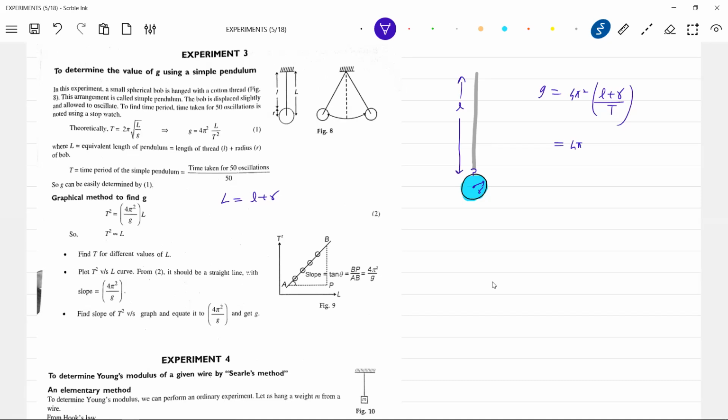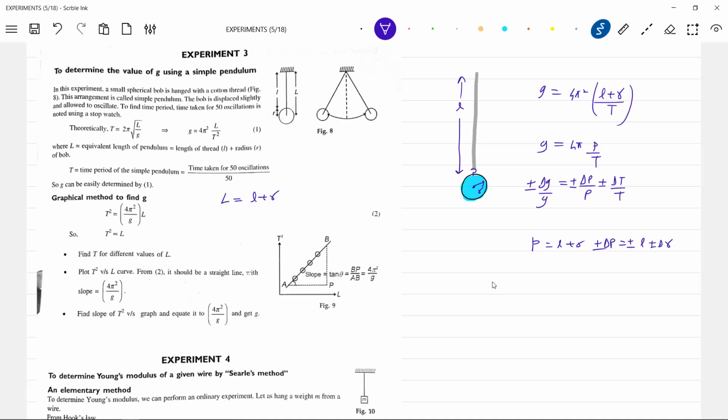Call that some quantity, say A or beta, let it be P. Now delta G by G equals delta P plus or minus. What is P? P is L plus R.